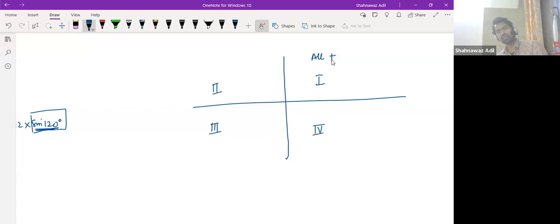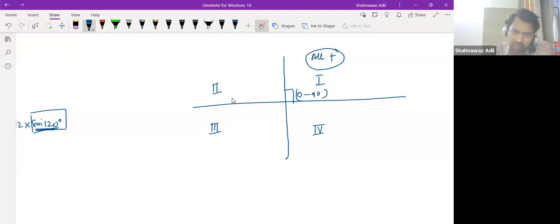So sine theta, tan theta, cos theta, all of the values we got were positive: root 3, 1 by 2, root 3 by 2, 1, something like that. So from 0 to 90 degree, the first quadrant, all trigonometric ratios are positive.